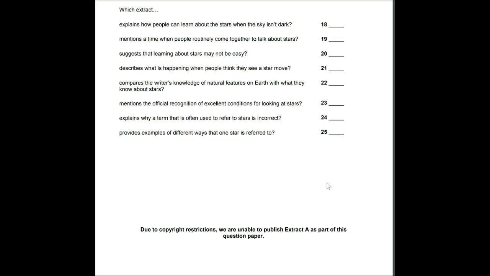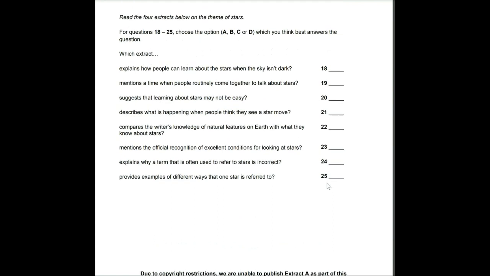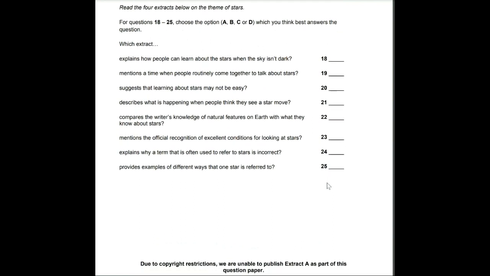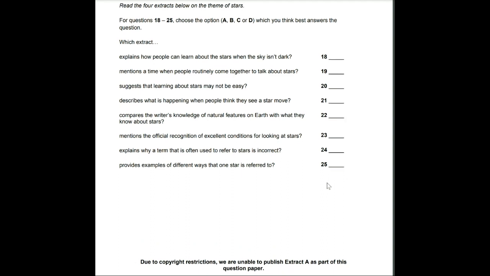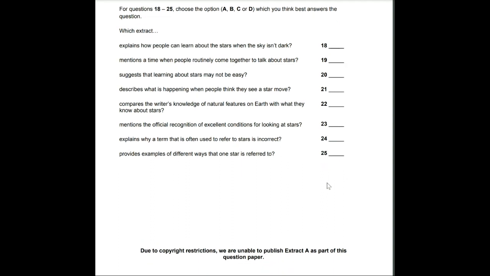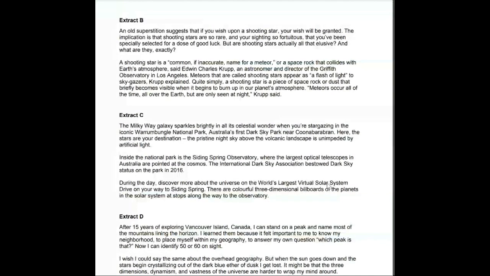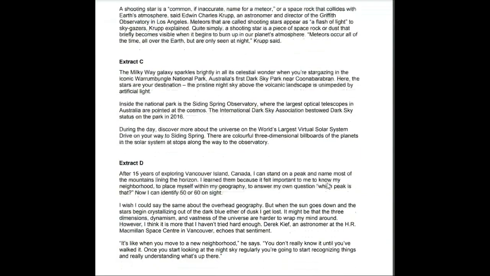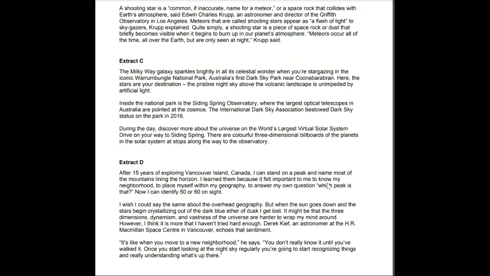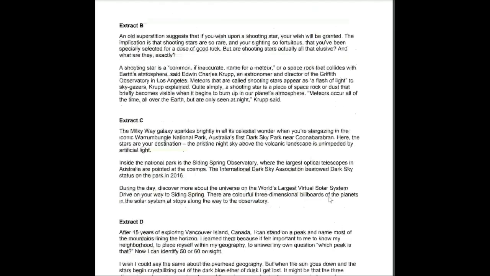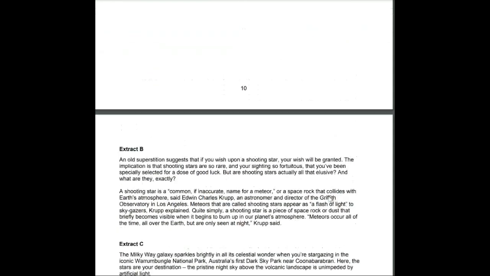Lucky last, question 25. We're looking at the extract which best provides examples of different ways that one star is referred to. Upon researching extracts B, C, and D, we don't really have any examples here of different names for a star. There's no examples provided in any of the extracts about the different terms we can use to talk about the star.